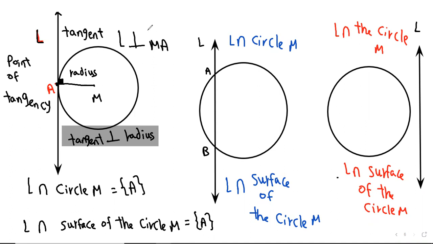The next one, if the straight line cuts the circle at 2 points here, so the straight line here is not a tangent, it's called a secant.